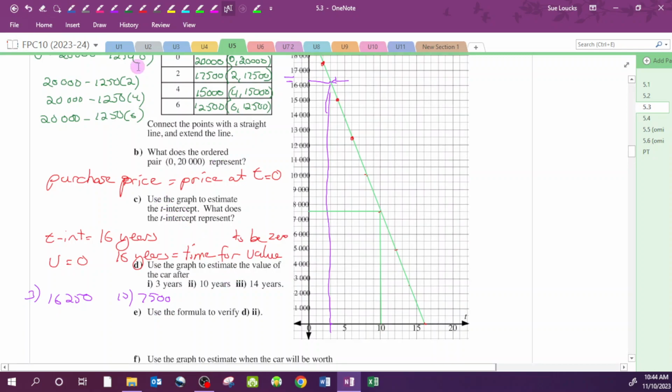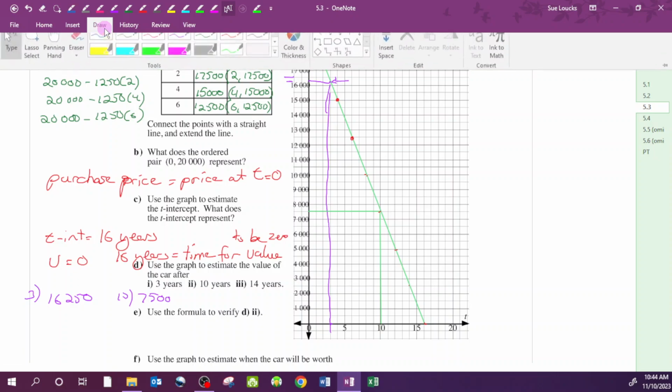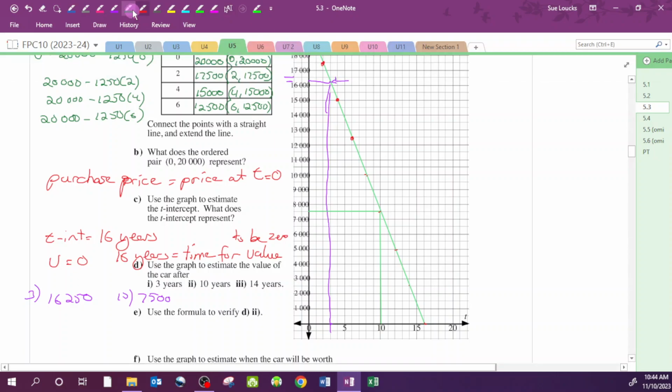Okay, and at 14 years, I'll draw a different color this time. Draw line. 14 years is going to be here. And looking at my graph, I can see that it's right at the dot again, so it's right there.